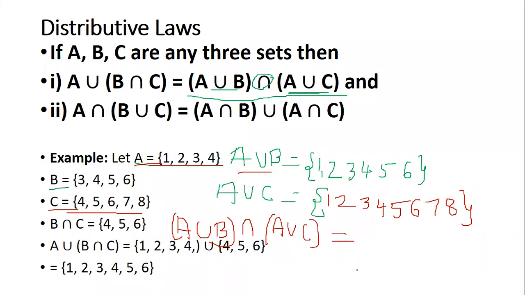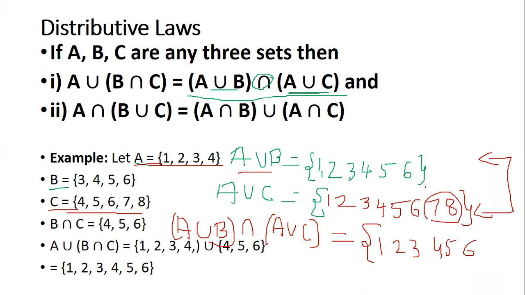Which just means that you're supposed to find out the common elements between these two sets. Now can you tell me what are the common elements between these two sets? We have 1, 2, 3, 4, 5 and 6. 7, 8 are not common because they're not present here. Okay, so only until 6.